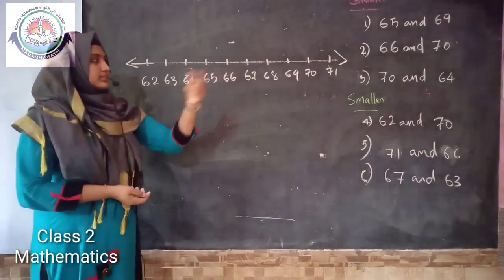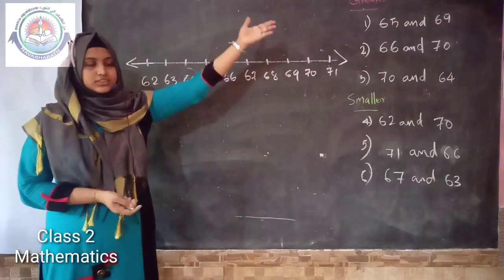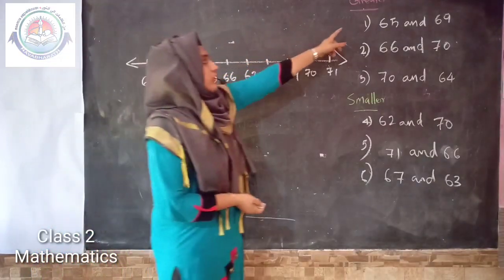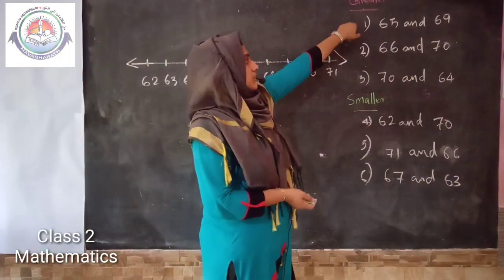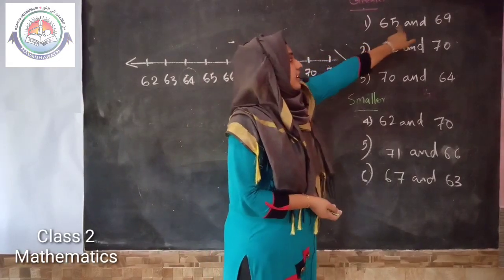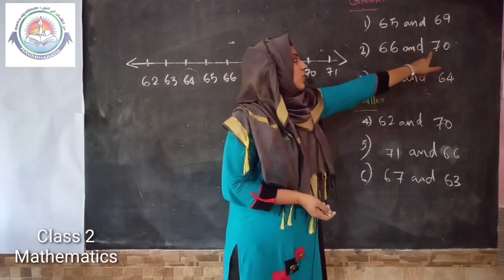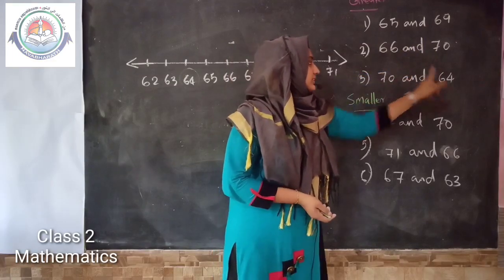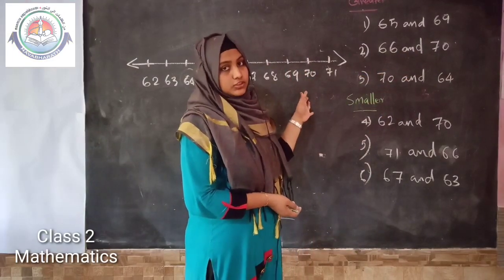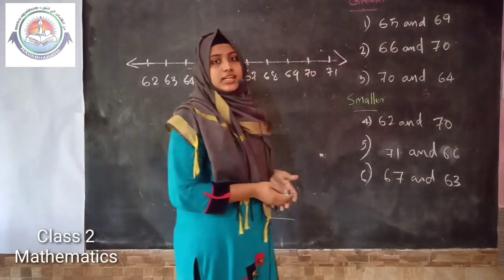A number line is given and some questions. Here we want to say which number is greater, 65 or 69, 66 or 70, and 70 or 64.